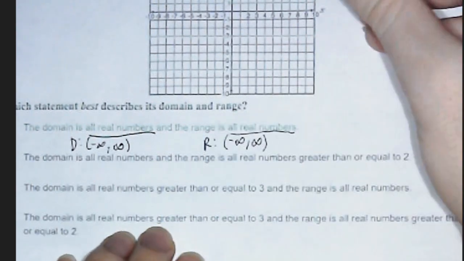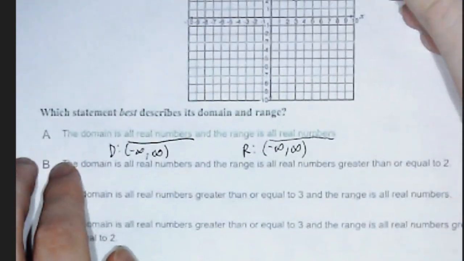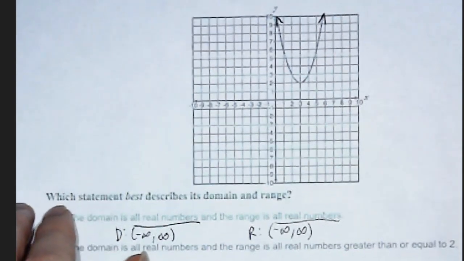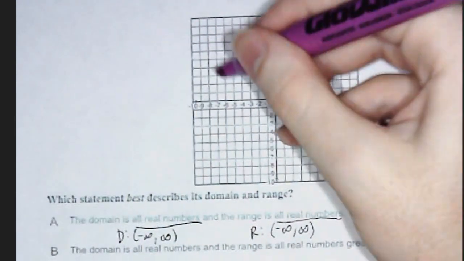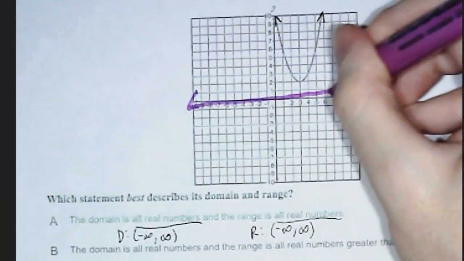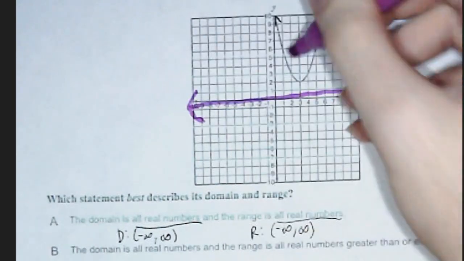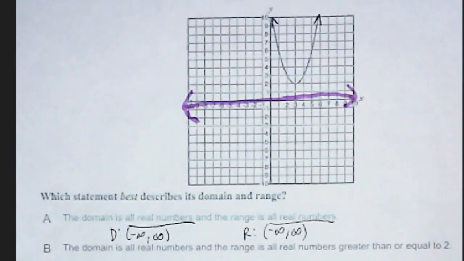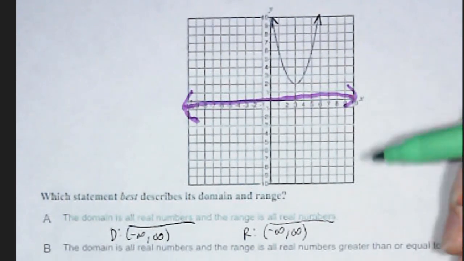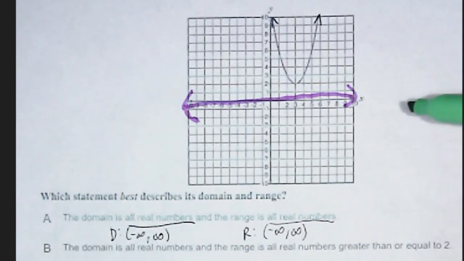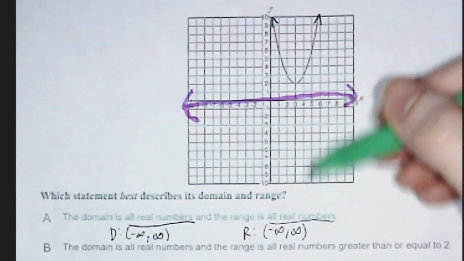But is that really what we're looking at? Like, for example, for A, the domain goes all the way left and all the way right because there are arrows on both sides. There are arrows pointing left and right. So yeah, the domain is all real numbers. But the range is not, because the graph doesn't go all the way down here.